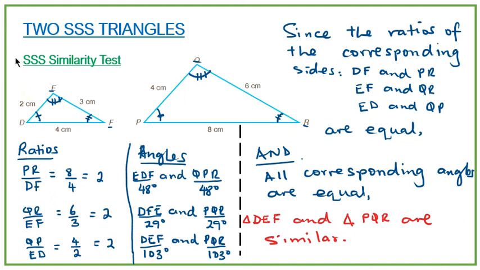Yes, if we have all the sides and we check the ratios of corresponding sides, they are equal, then the two triangles are similar, because when the corresponding sides have the same ratios, then automatically the corresponding angles will be equal, and then the two triangles will be similar.